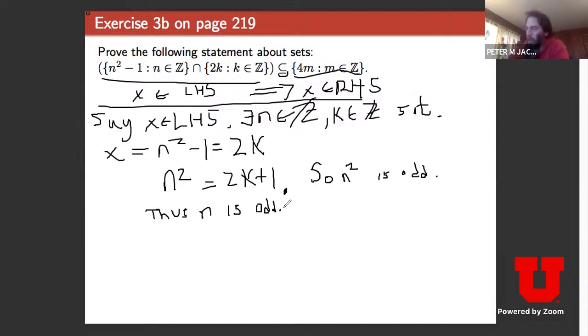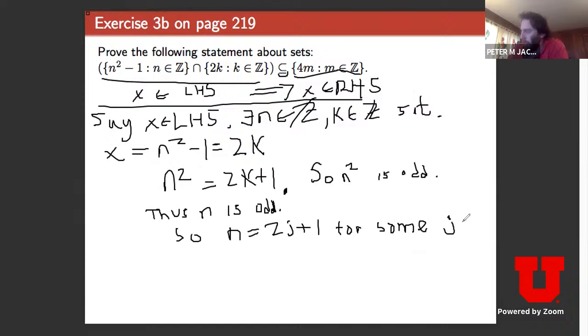The reason is that if we know that n is odd, then we can write n equal to 2j plus 1 for some integer j.